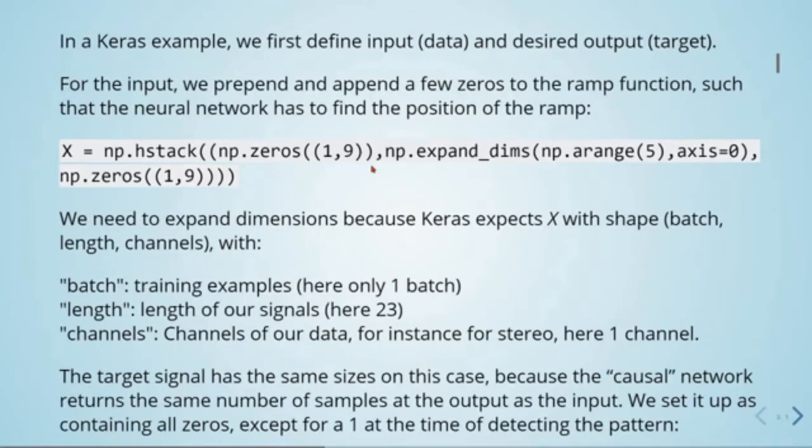Batch here is the number of training examples. In our case, we have just 1, so our batch is equal to 1. The length is the length of our signal, so here our signal has 23 numbers, and channels are the channels of our data. For example, it can be stereo, so we would have 2 channels. It could be RGB, we would have 3 channels, but here we only have 1 channel.